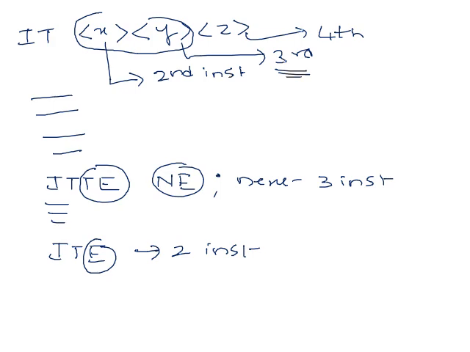Like that it will be used for many instructions. In the earlier example we used double T and double E, so we have 3 suffixes in total, and it is applied for the next 4 instructions, correct? So this is how you need to understand.